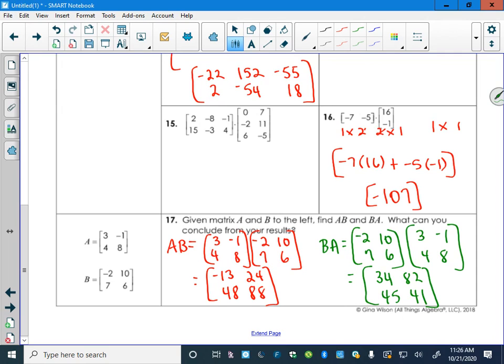So therefore, AB is not equal to B times A.